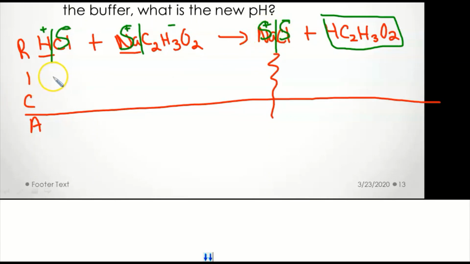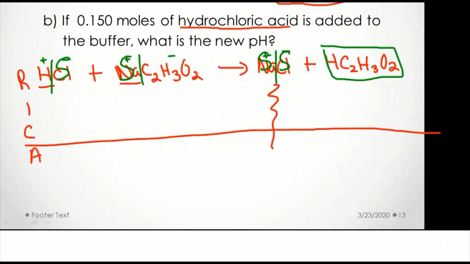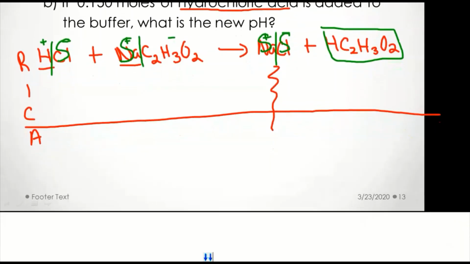So we started out back in that problem with 0.15 moles of hydrochloric acid. The sodium acetate, we had 0.3 moles. And acetic acid, we have 0.3 moles. Can't forget that guy over there.